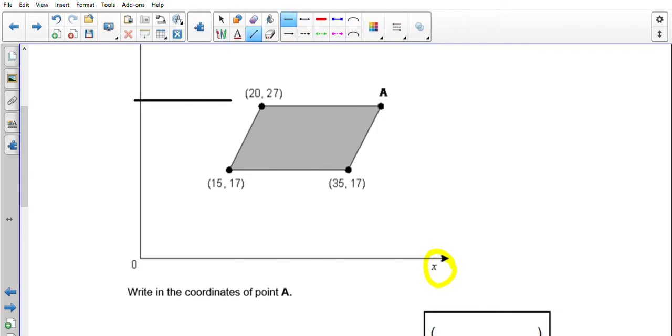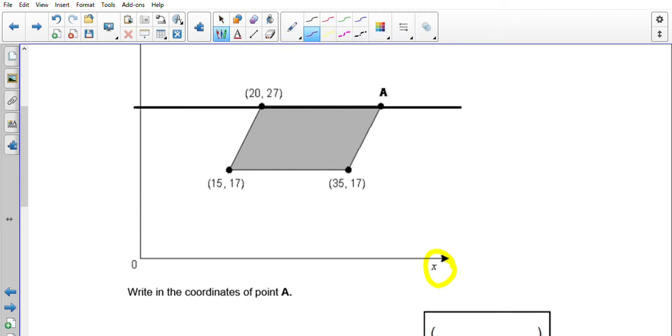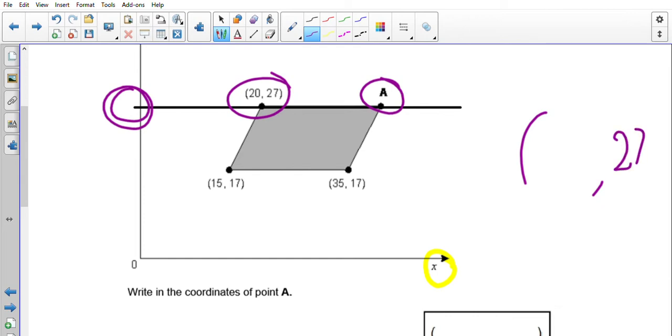First of all, if I take a horizontal line across and line that up with my point here and with point A, you can see that those lines are completely lined up, which means that the height here is going to be the same for this point and for point A. So to start with, without really doing a huge amount of thinking, I can put my y coordinate in, which is going to be 27.